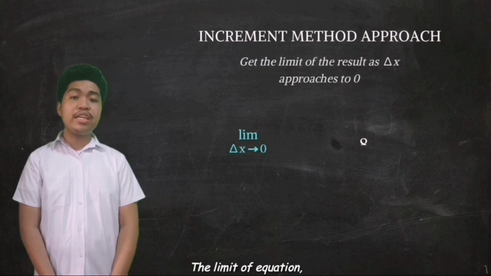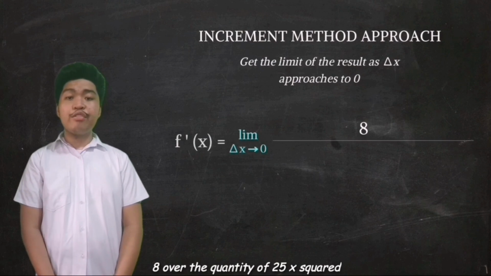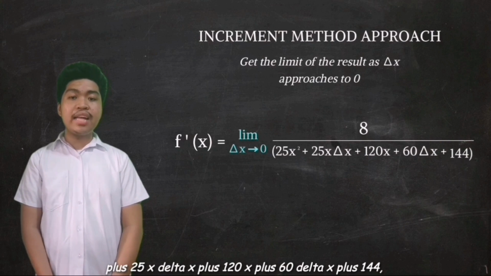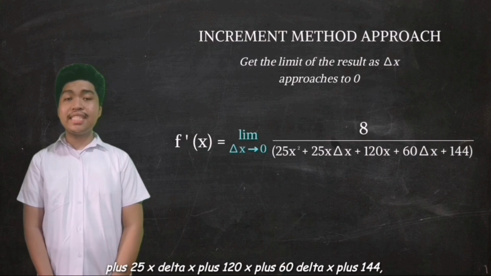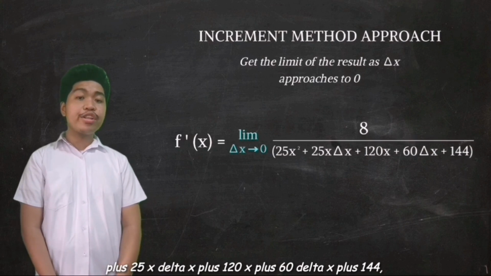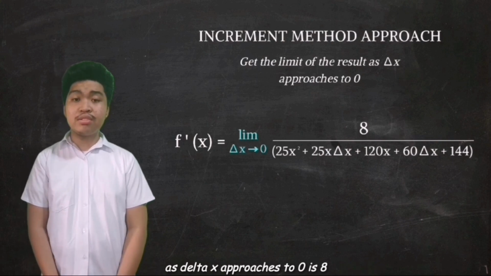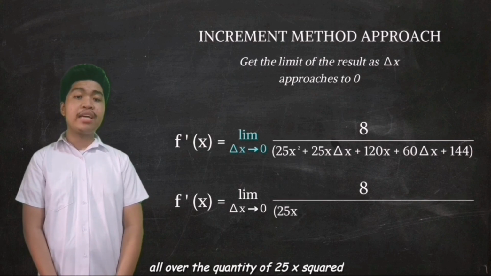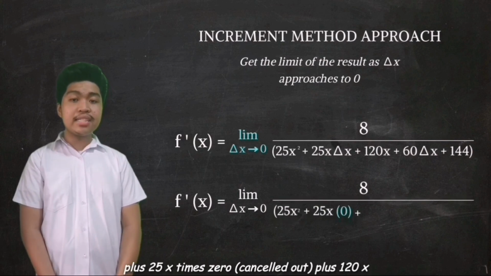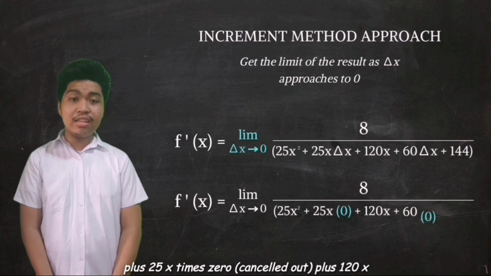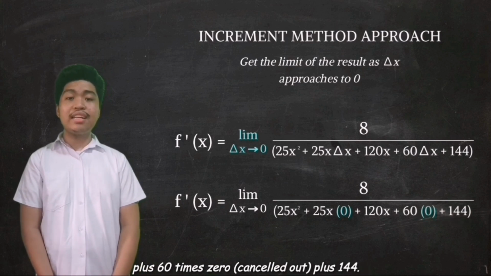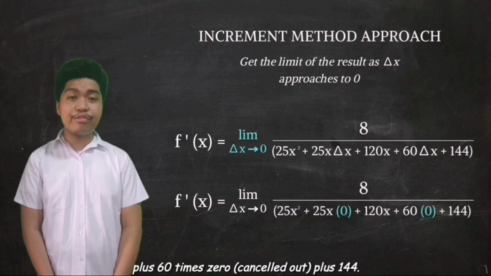The limit of the equation 8 over the quantity of 25x squared plus 25x delta x plus 120x plus 60 delta x plus 144 as delta x approaches 0 is 8 all over the quantity of 25x squared plus 25x times 0 cancelled out plus 120x plus 60 times 0 cancelled out again plus 144.